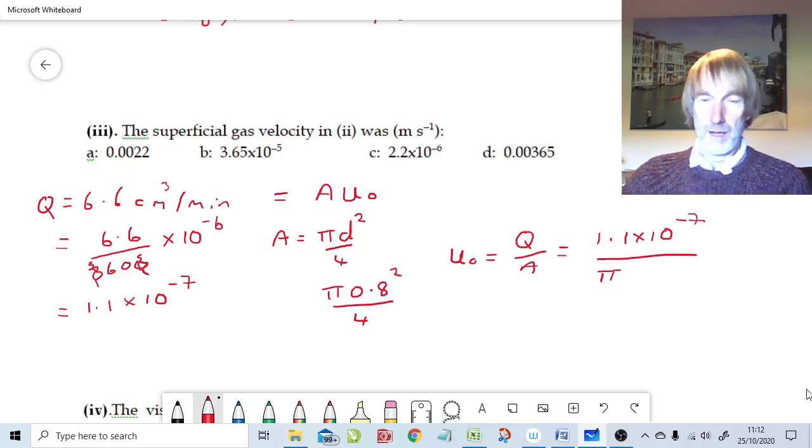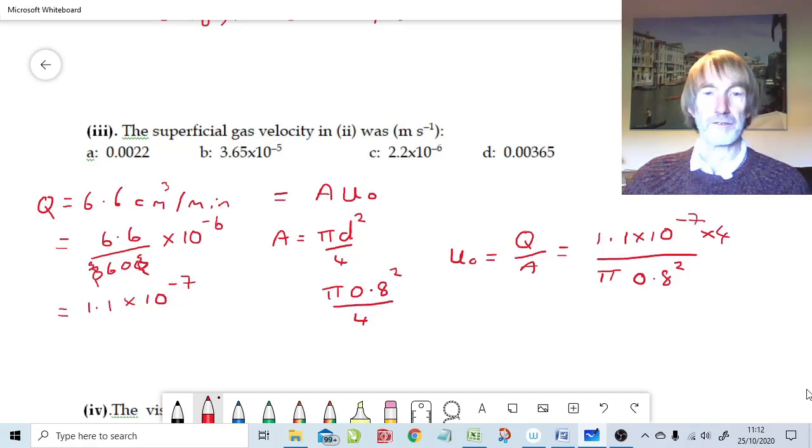I'll correct between centimetres and metres in a moment. Let's just stick with 0.8 down here, squared for the moment. Bring the 4 up to the top.